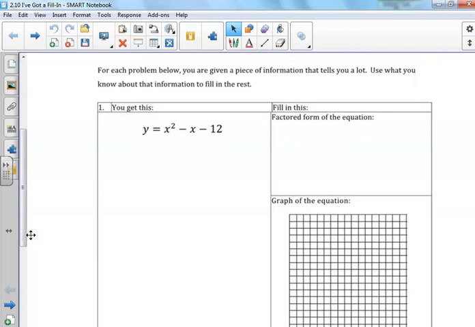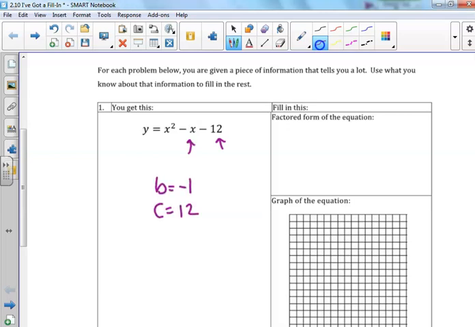Number 1's equation was y equals x squared minus x minus 12. We are asked to fill in the factored form of the equation. Recall that we need to find two numbers that multiply to c and add to the b value. In this case, the b value is -1 and the c value is -12.